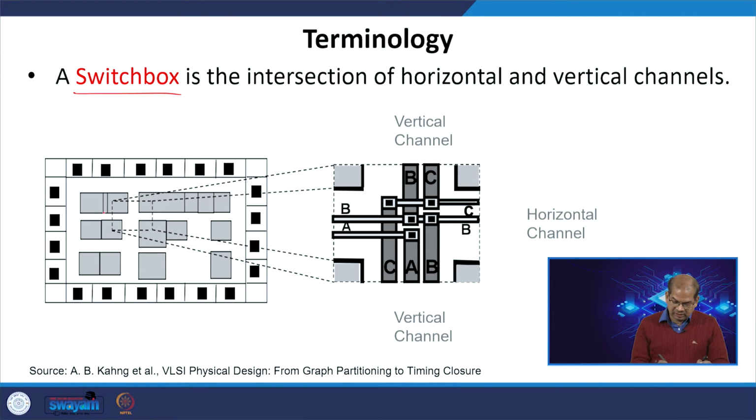If you can see here, signal routing is possible in this direction horizontally and also vertically. This is called a switch box, the intersection of horizontal and vertical channels. This is an example of a switch box.